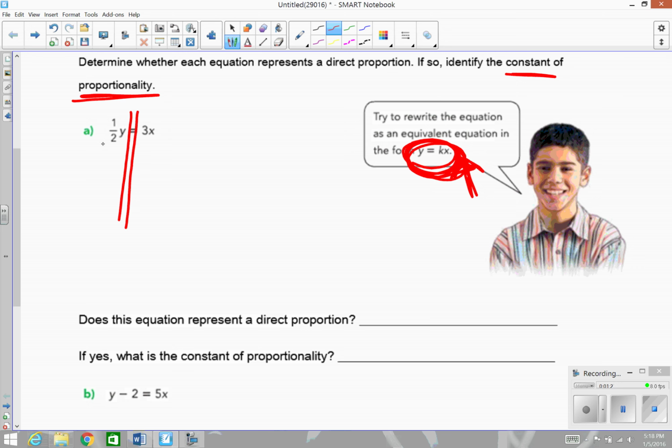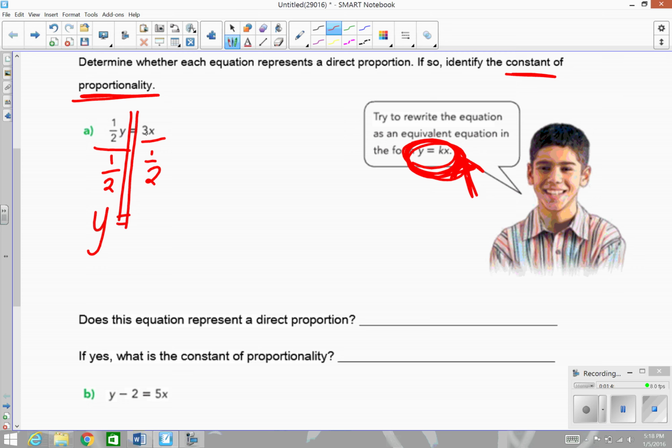So if I look at the left-hand side here, I have 1/2 y, which means I'm multiplying 1/2 times y. And in order to get y by itself, I need to divide both sides by 1/2. Okay, the 1/2s will cancel and we'll be left with y by itself, which is what we wanted.